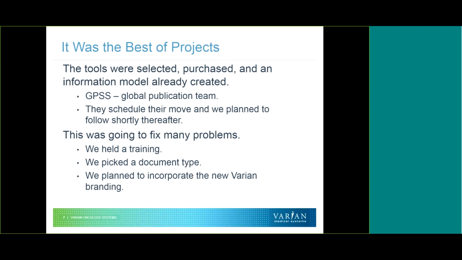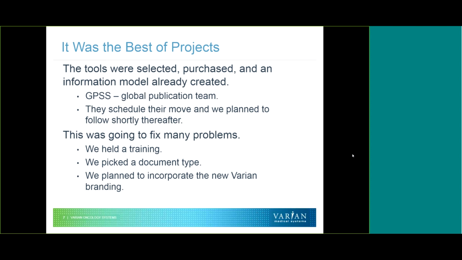They had already gotten to a point where they created their information model and all kinds of things, and they were picking a date within a year or so to flip their switch with one of the releases that was going to come out. So at that point, we did really think, hey, this is great. It's going to be really easy for us, and we thought it would fix many of our problems.